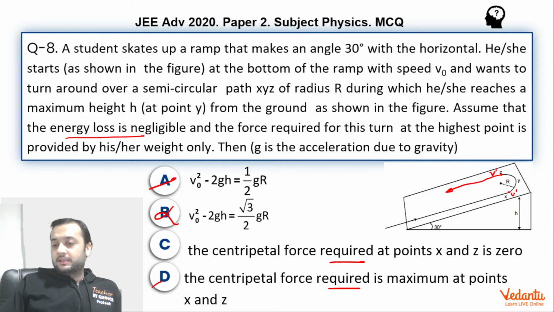One more thing, there were a few students who had this doubt: since the energy loss is negligible, we have to ignore friction. So since there is no friction, what is causing the centripetal force at point X? That can be explained. We can assume some sort of groove in this part, which is guiding the particle to move in a circle.